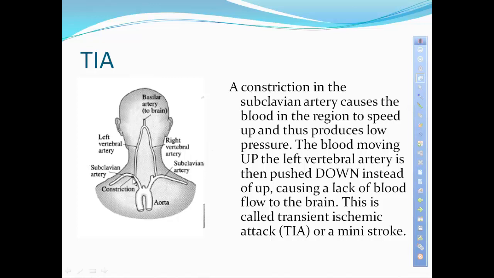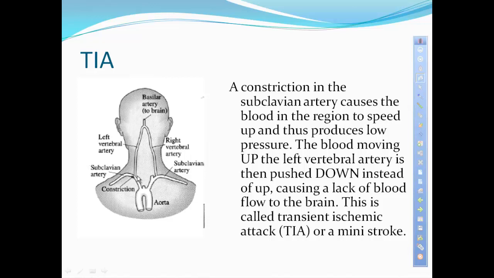So that constriction is going to cause the area in that artery to decrease, which we just learned means that if you decrease the area, the speed has to increase. So the blood is going to go faster through this region. But we just also learned that faster moving fluids produce a lower pressure.